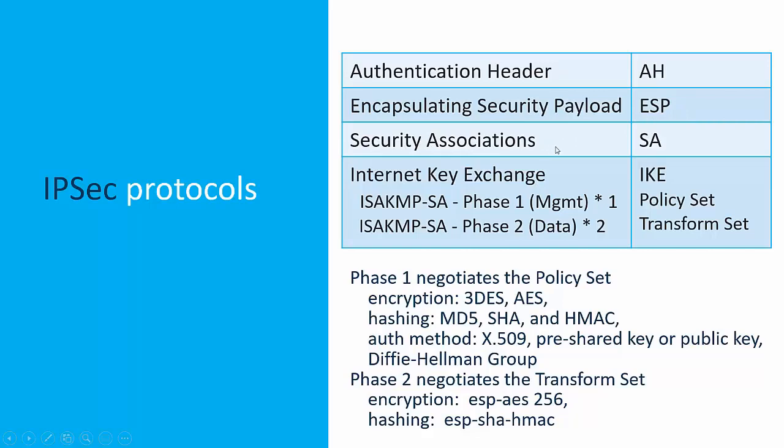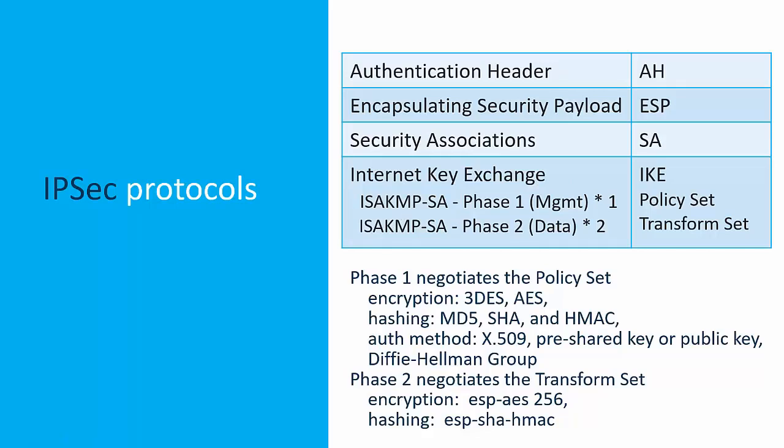Now, security associations are used to set up basically a contract or a recipe for how security is going to be handled from each device or from each end of the IPsec connection or tunnel. Security associations are built on IKE, or the Internet Key Exchange, and IKE uses the policies laid out in ISAKMP to set up these security associations.